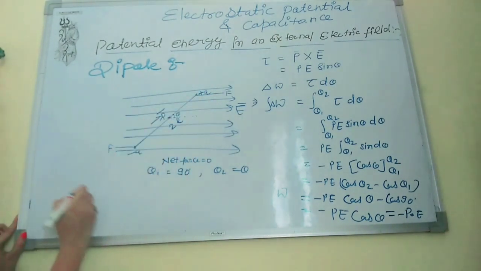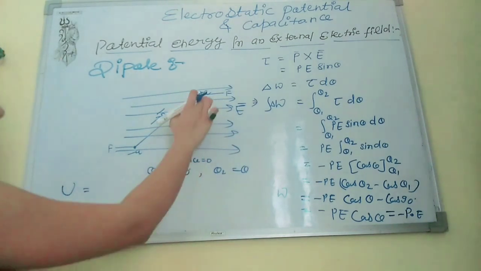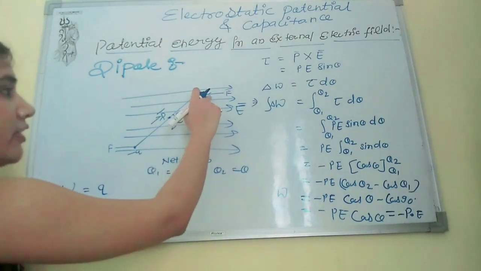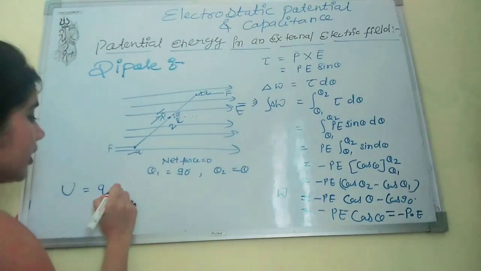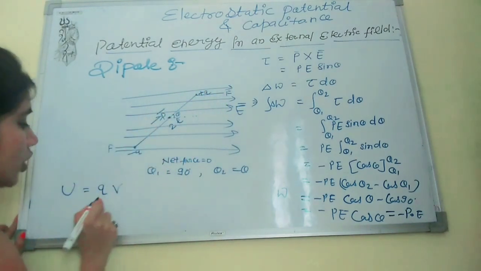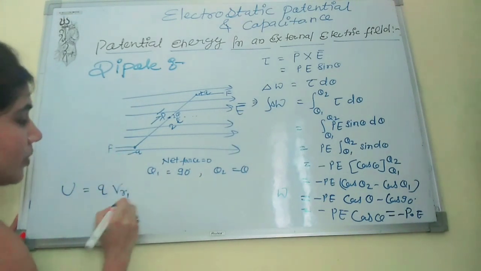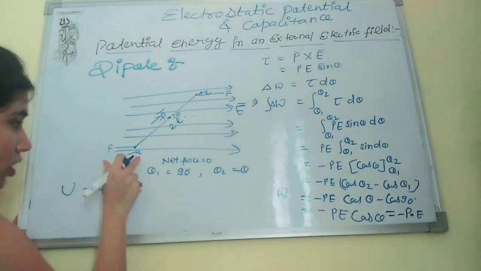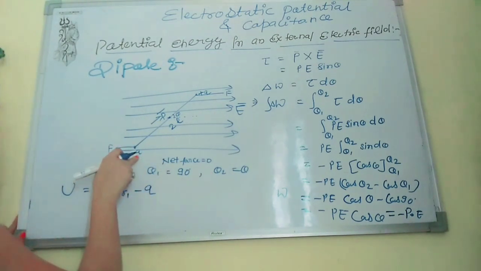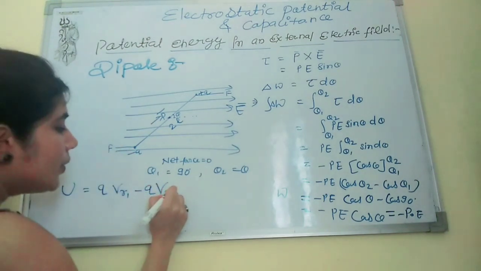The net potential energy because of plus q, taking position vector R1, is q V(R1). Because of the other point, the potential energy will be minus q V(R2), since we have minus q at position vector R2.